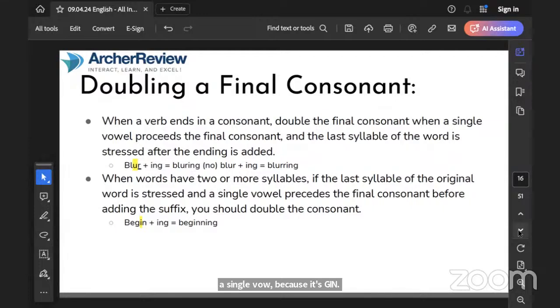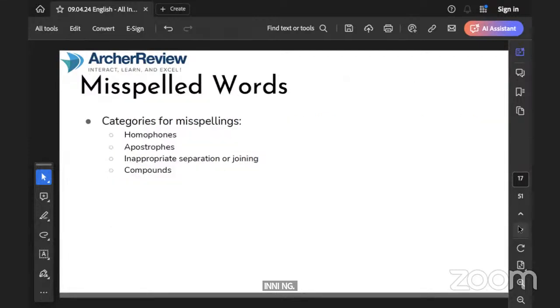So since I have that single vowel in front of that last consonant, and it's two or more syllables, and that last syllable is stressed, begin, then I'm going to double the N and have BEGINNING. And I would say make sure you know that one because I have seen that pop up.